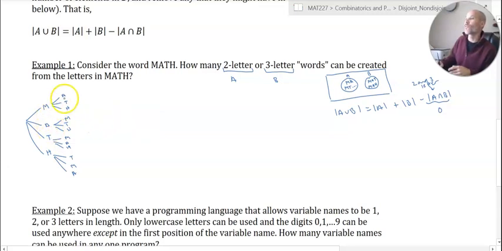And now you can see that this is 4 times 3, 4 times 3 equals 12 2-letter words. And that's also, if you wanted to use a permutation, right? Then you could say from 4 letters, I'm going to draw 2. I do want to consider MA and AM as being different, so this would also give me 12.